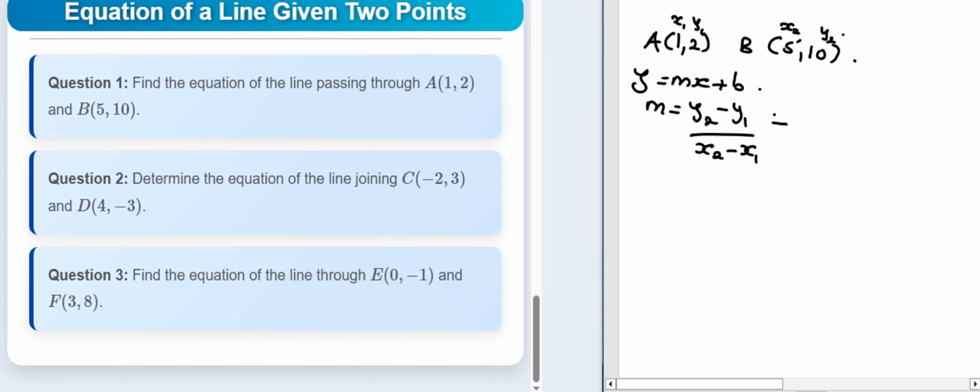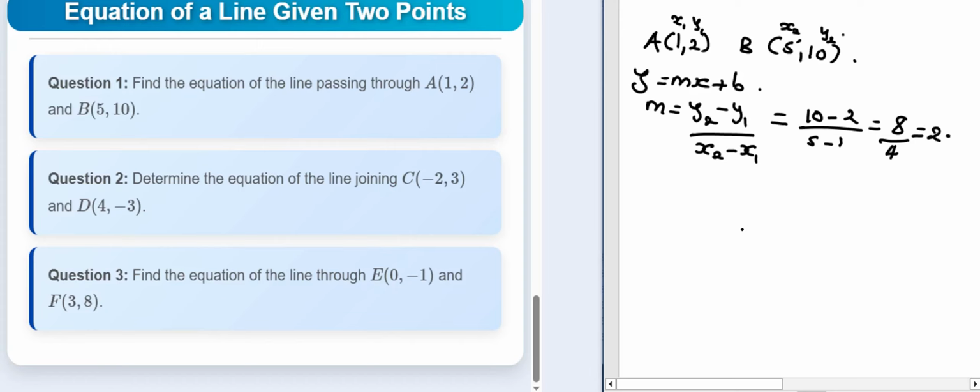So, if I replace them here, y2 becomes 10 minus y1, which is 2, divided by x2, which is 5, minus x1, which is 1, and becomes 8 over 4, which is 2.